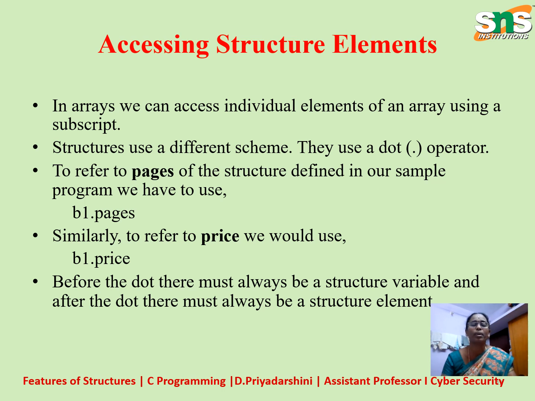Here is an example: b1.price, where b1 is the first variable created for the structure book, and the price belonging to b1 will be retrieved when we write b1.price. If we write b2.price, it refers to the second variable, which holds a different value for the price.